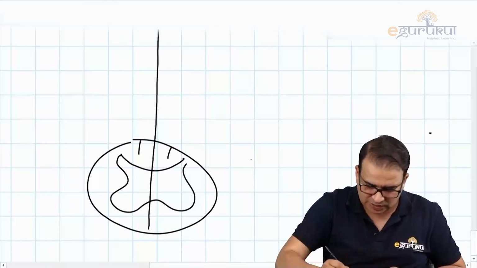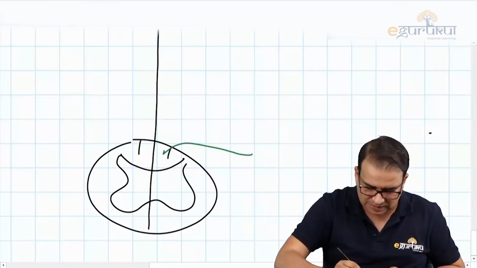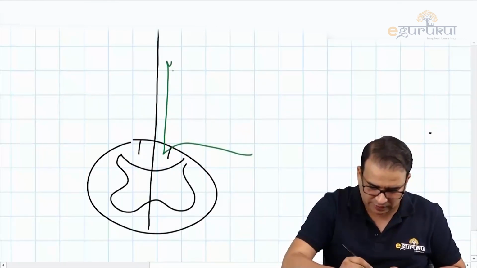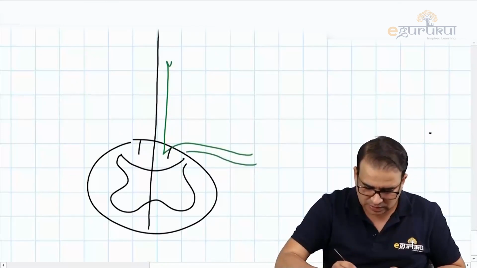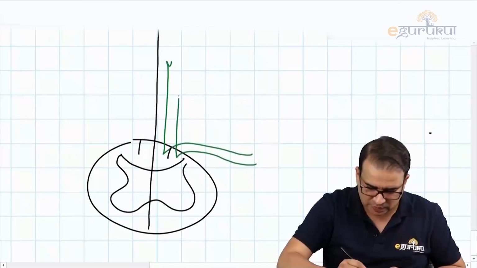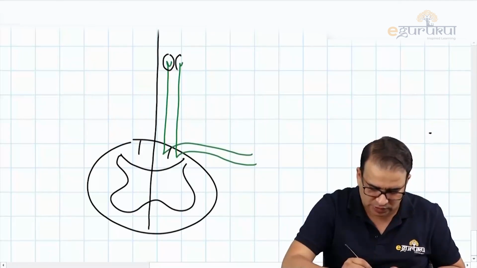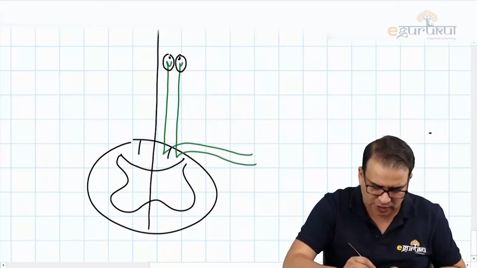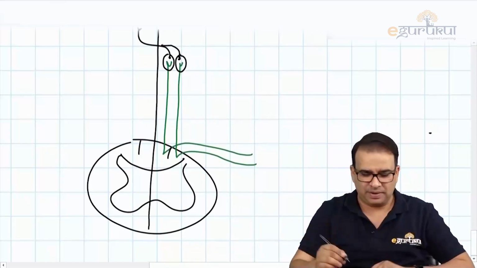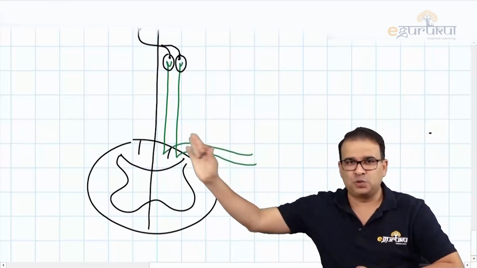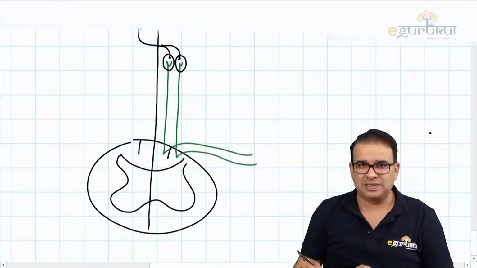Fasciculus gracilis fibers will come in like this, go in there, and relay into some nucleus. Cuneatus fibers will also come like this and relay in a certain nucleus, that is nucleus gracilis, nucleus cuneatus, and you know the rest of the story. I don't have to draw the entire part, internal arcuate fibers and so on. That is the dorsal column tract. This was fasciculus gracilis toward the medial side and cuneatus toward the lateral side.